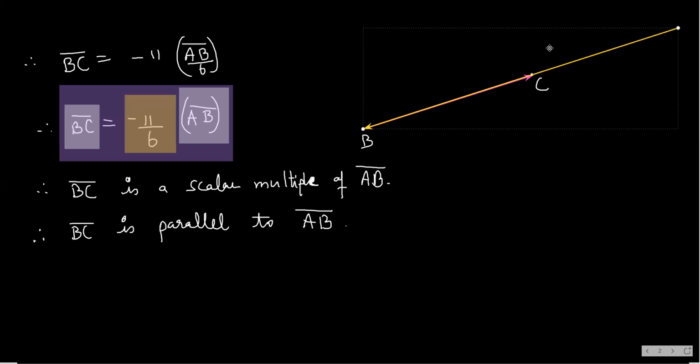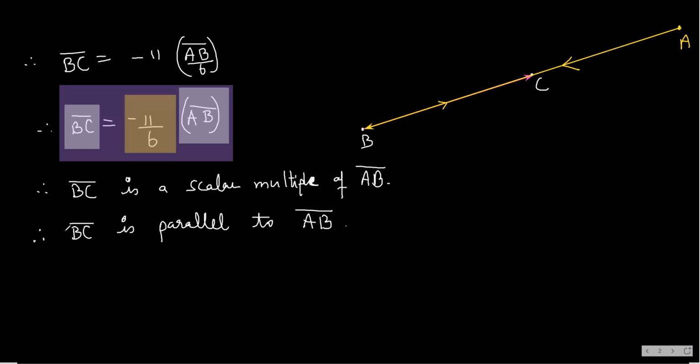So you can check. AB bar has to coincide with BC bar. You see this? See, this is AB bar, and here you have BC bar. And what you notice? You notice that these three lie on the same line, and hence the 3 points are collinear. So see, how do I write this?